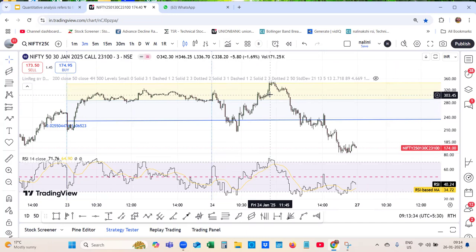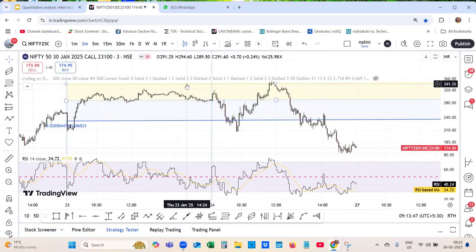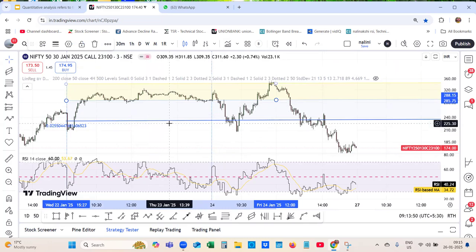Your entry will be very late, but with the help of RSI and this indicator, your success rate will be very high. Because this tool has got limitations, it has not been calibrated for standard deviations. Here in this indicator, everything has been included, 2 standard deviations and everything. The tool puts only a channel above the regression line. So this tool has got limitations. That's what I wanted to say.